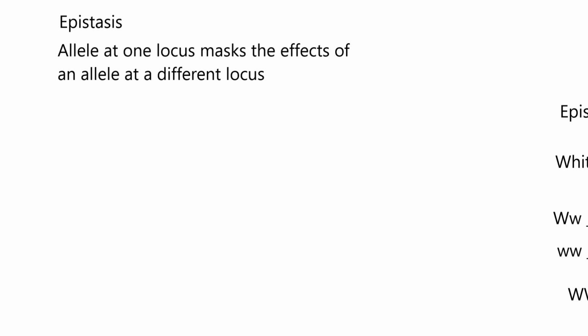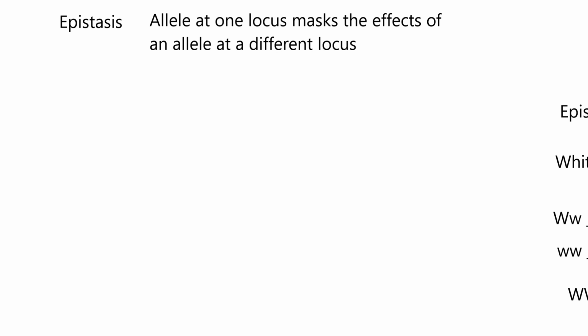We probably did when we did the polygenic, yes, but most of the dominant, recessive, codominant, incomplete, all that kind of stuff was at the same locus. So here it is. An allele at one locus masks the effects of an allele at a different locus. Okay, so that's epistasis. So be careful there because now we're talking about different locations.